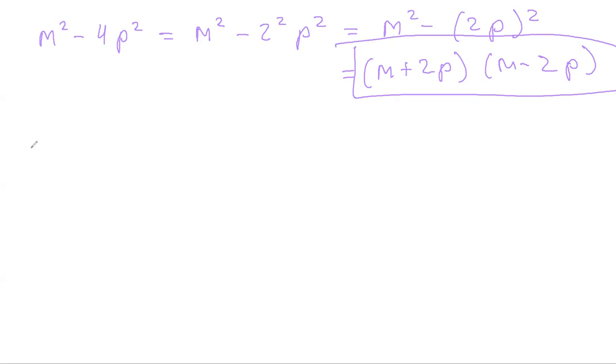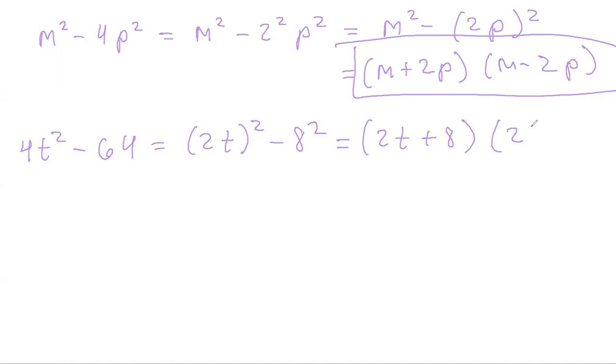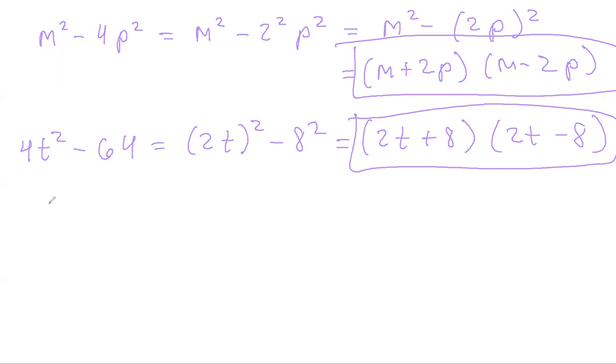Next thing I could do is 4t squared minus 64. This is the same thing as saying 2t squared minus 8 squared. So this is the same thing as saying 2t plus 8 times 2t minus 8. All right, a squared minus 25b squared is the same thing as, oops, a squared minus 5b squared.